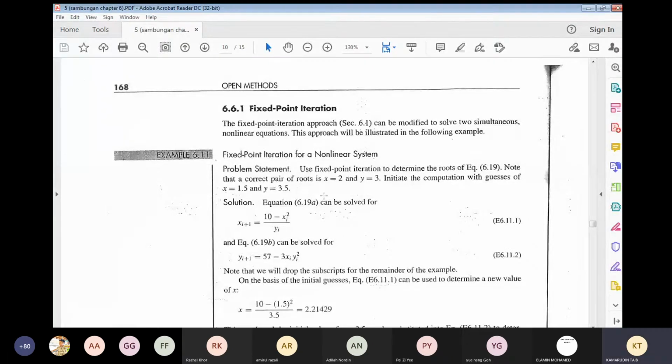Note that the correct pair of roots, the exact answer, is x equals 2 and y equals 3. Initiate the computation with an initial guess of x equal 1.5 and y equal 3.5.